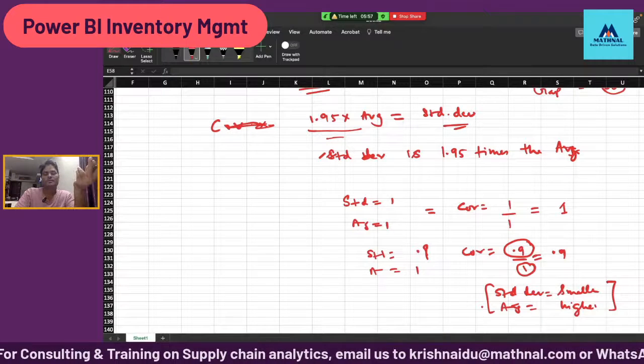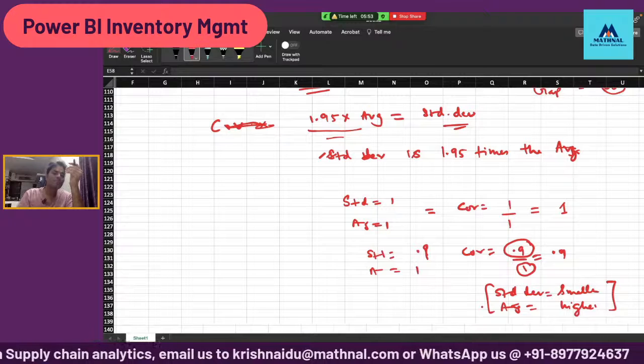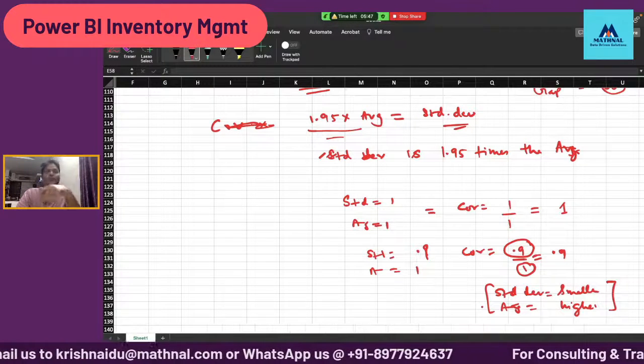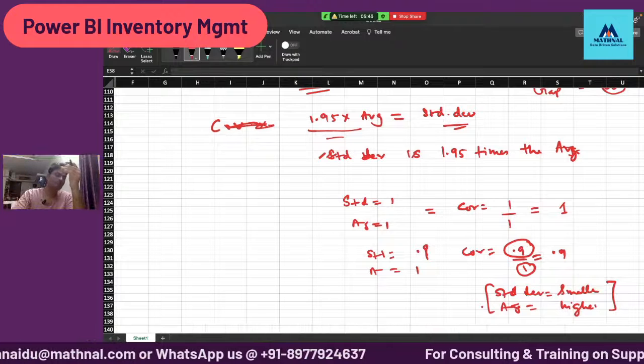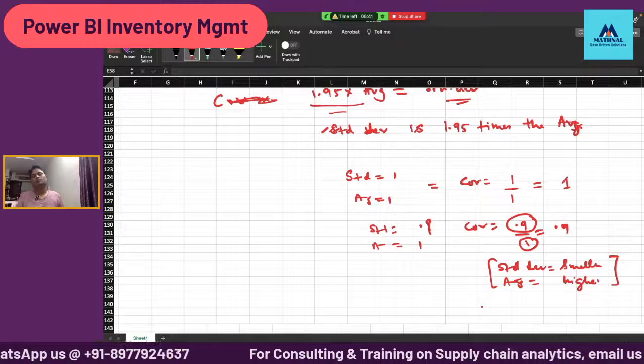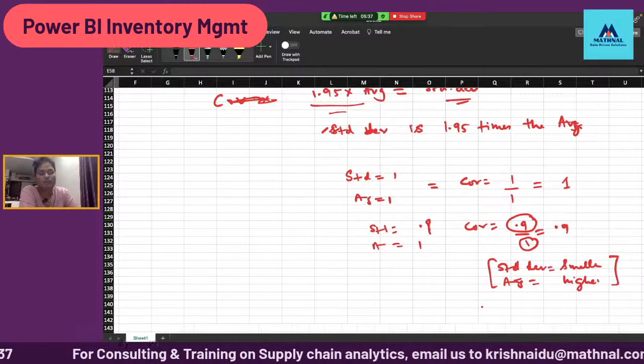If the reverse happens, if average becomes smaller and standard deviation becomes higher, then our coefficient is high, which means our variability is very, very high. What is average denoting here, sir? Average is a central number. Suppose we have data.